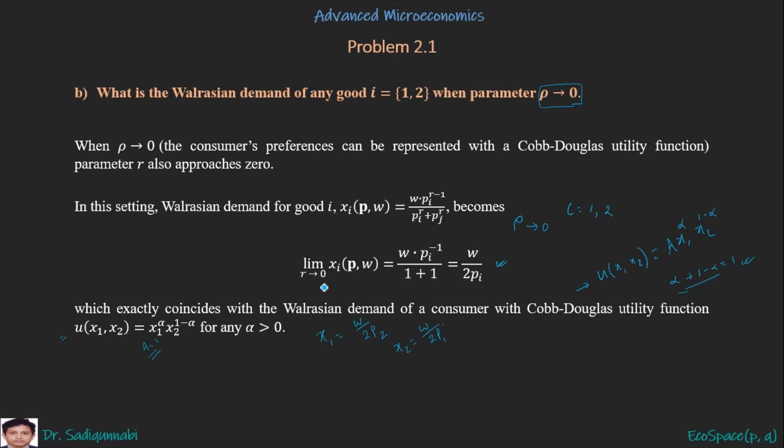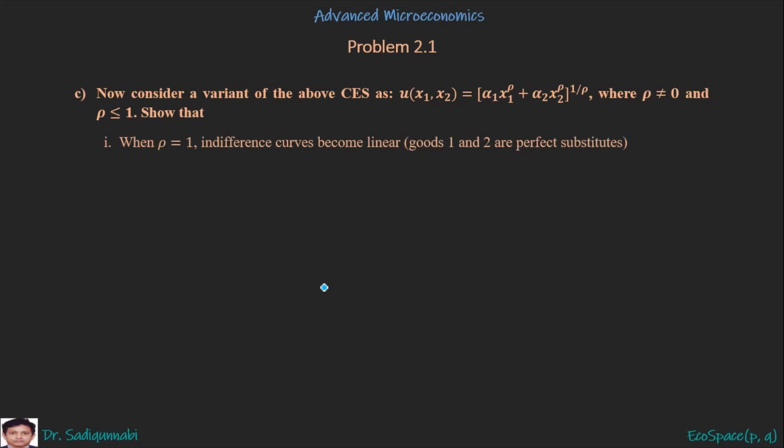Now we are with C. Problem 2.1c says we are here with a variant of CES, constant elasticity of substitution, u(x1, x2) equals (alpha 1 x1^rho plus alpha 2 x2^rho) to the power 1 upon rho, where rho is not equal to 0 and rho is less than or equal to 1.